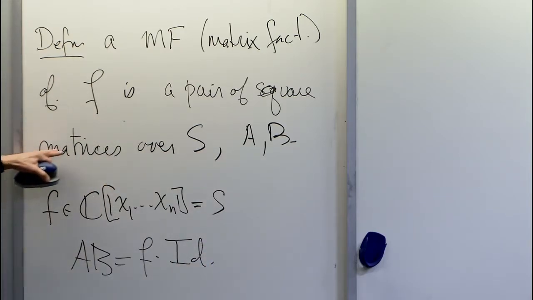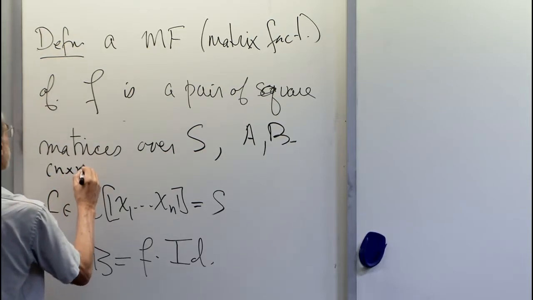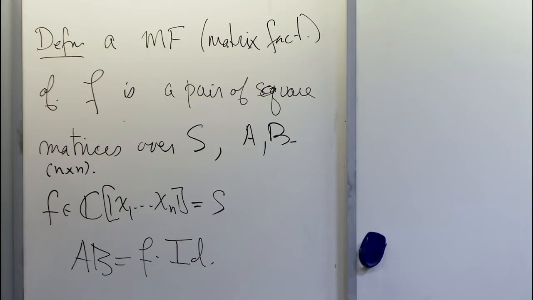So they're square matrices of the same size, m by m maybe. So that's a matrix factorization. Now, trivially, these things always exist because I could take A to be F times a 1 by 1 matrix, and B to be 1, and that wouldn't be very interesting.